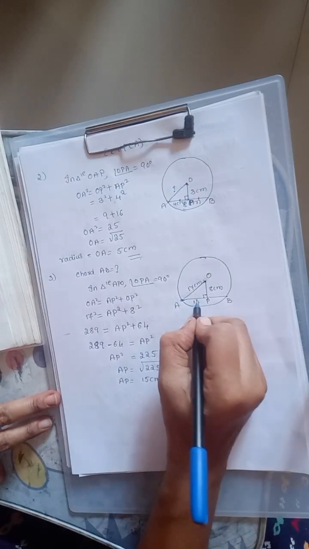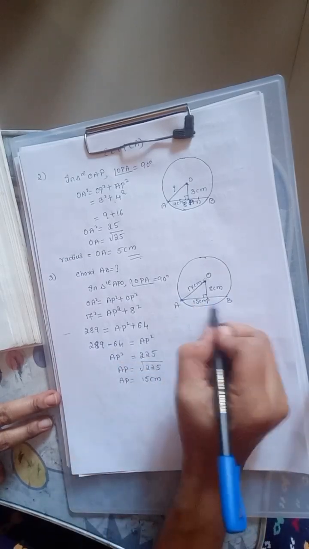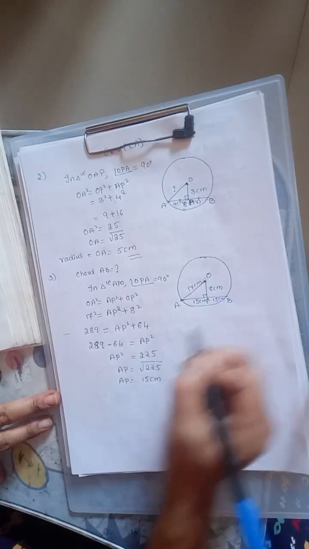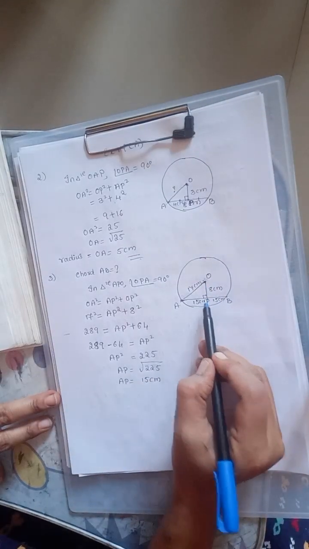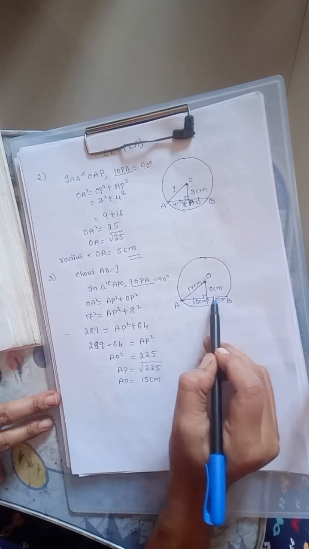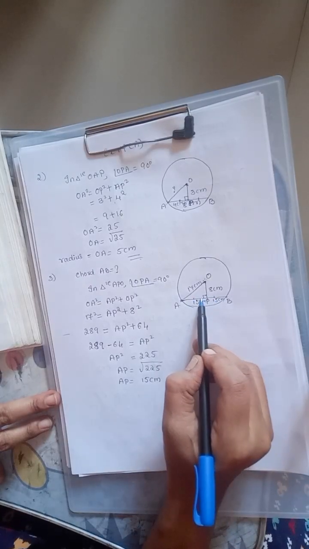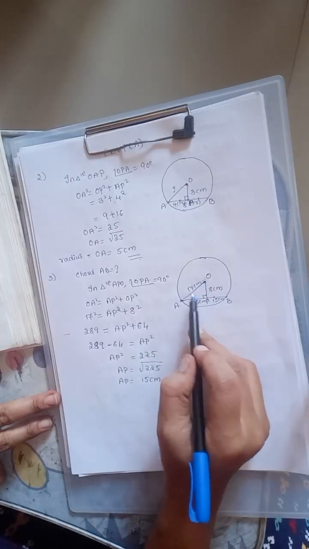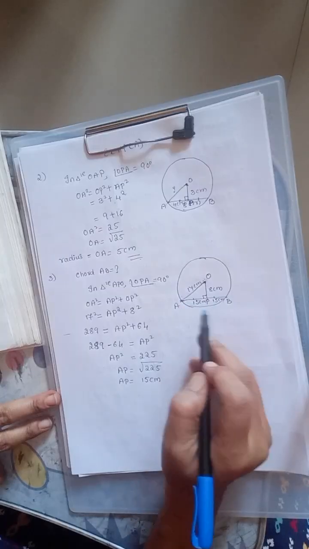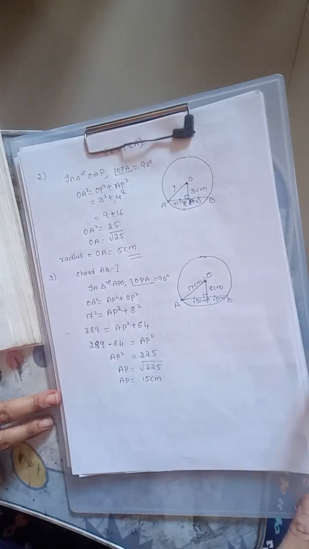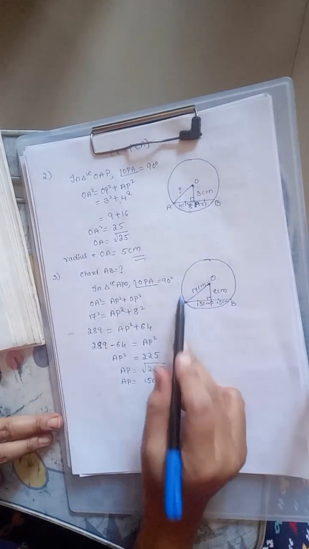Now the AP length is 15 cm, so what about the PB length? It is also 15 cm. Why? Because the perpendicular drawn from the center of the circle will bisect the chord. We already studied in the previous lessons the theorems regarding the line drawn from the center of the circle to the chord. Okay, you go and check those theorems.